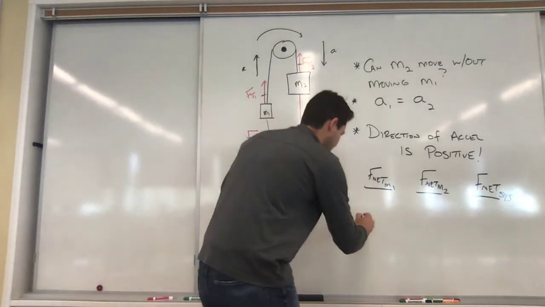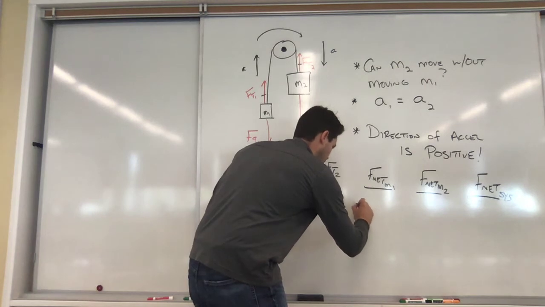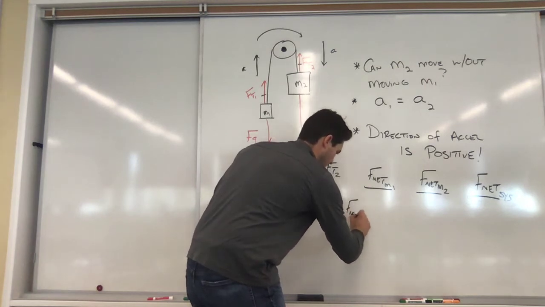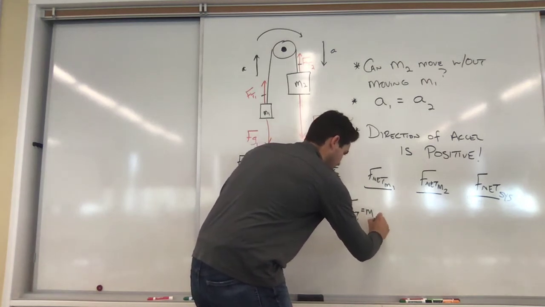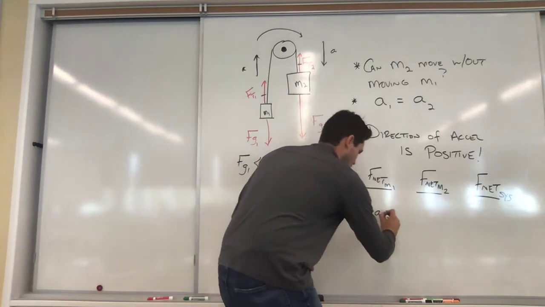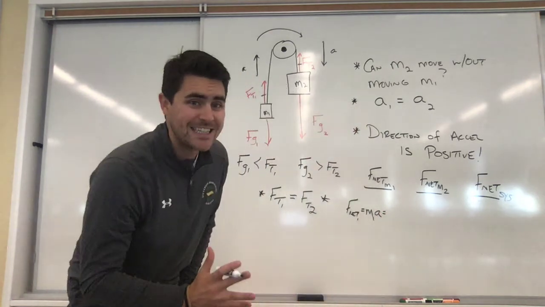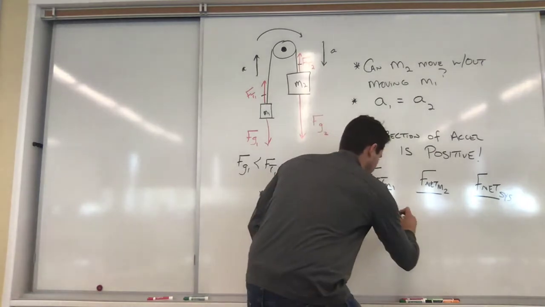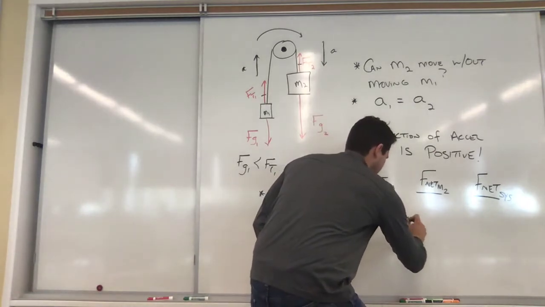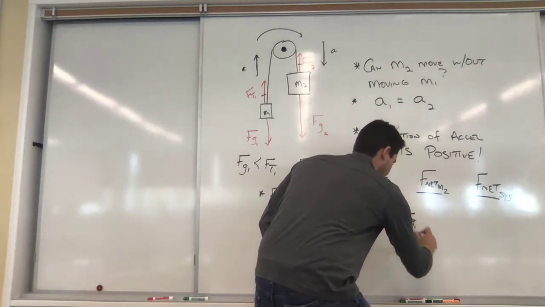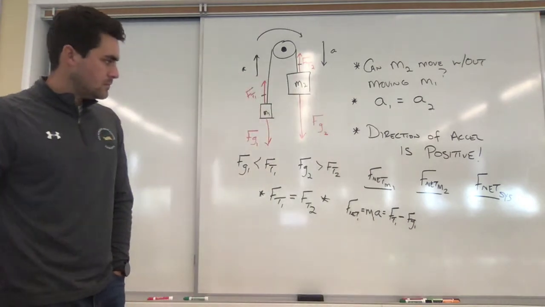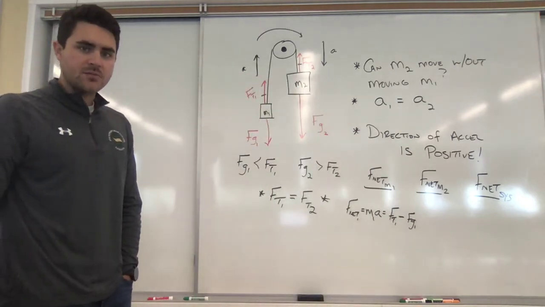So let's see. F-net on M1. Well, F-net 1 is equal to the mass 1 times the acceleration, which is equal to all of the forces acting on mass 1. So positive, we have the tension force minus the weight force on mass 1. There's the first F-net expression.